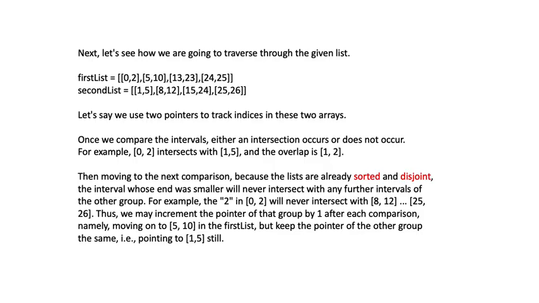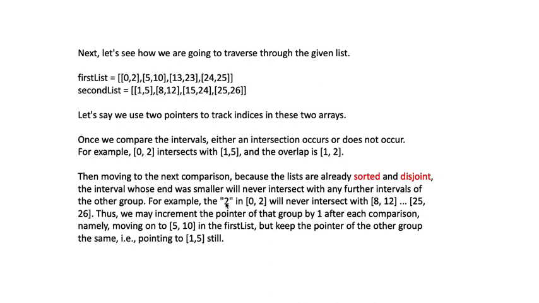Next, let's see how we are going to traverse through the given lists. Let's use the example here. Let's say we use two pointers to track indices in these two arrays. Once we compare the intervals, either an intersection occurs or it does not. For example, [0, 2] intersects with [1, 5], and the overlap is [1, 2]. Then moving to the next comparison, because the lists are already sorted and disjoint, the interval whose end was smaller will never intersect with any further intervals of the other group.